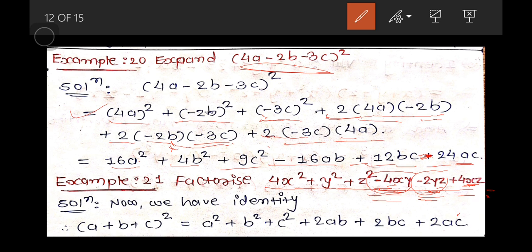So let me factorize this expression. Now we have the identity, but here I have used other variables because x, y, z are already used in this identity. So a plus b plus c all square is a square plus b square plus c square plus 2ab plus 2bc plus 2ac. Let me compare this identity with the given expression.